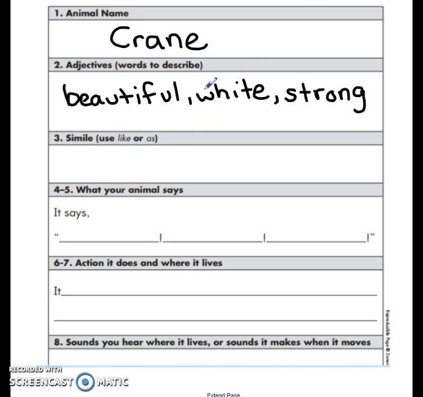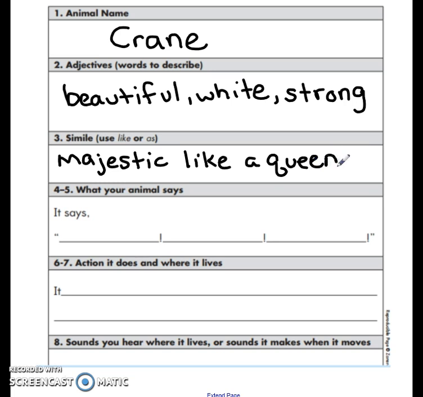And I kind of think of royalty as very, very proud and majestic. So I'm going to say majestic like a queen. So I'm going to compare the cranes to a queen.